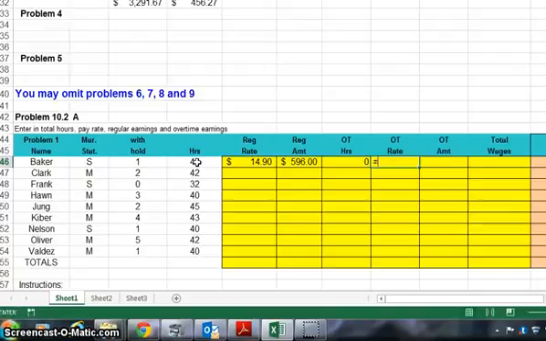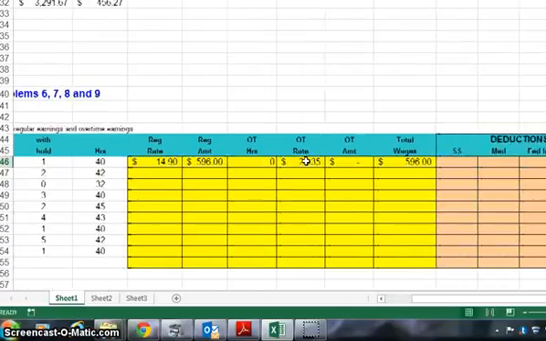However, I could certainly calculate the overtime rate. It would be $14.90 times 1.5. So if we did have overtime hours, it would be at 22.35. This one didn't have any, so the overtime amount is 0. His total wages are simply going to be $596.